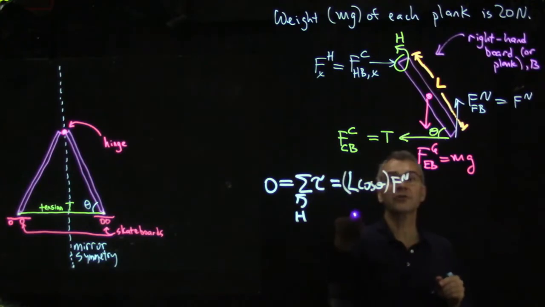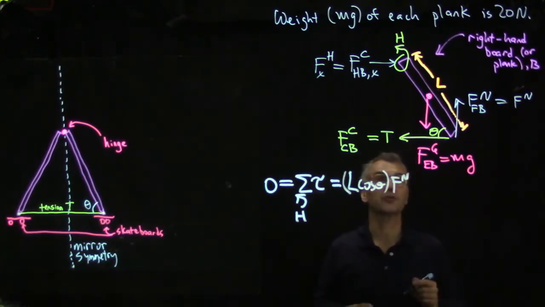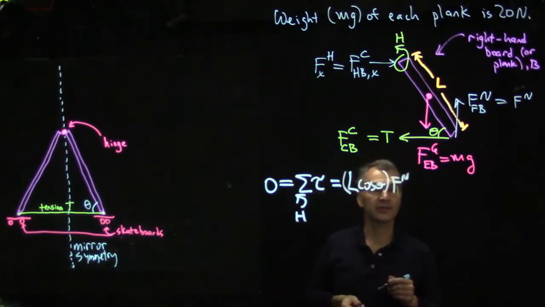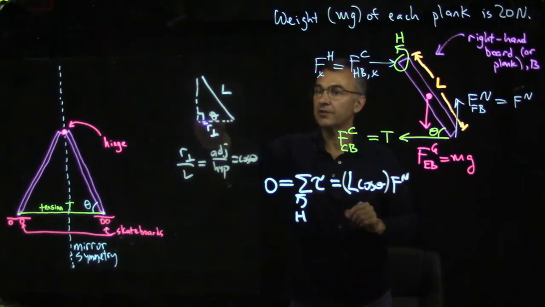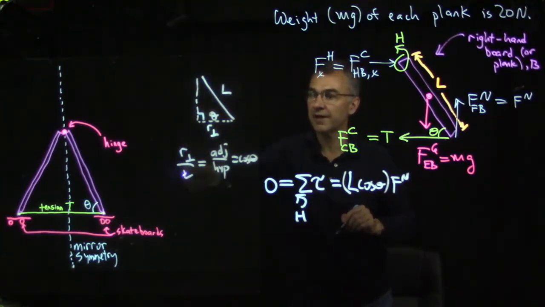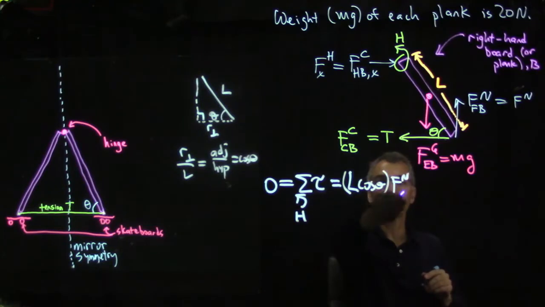So we have L cosine theta times the normal force. And we could draw the triangle just to argue that. It seems as if adjacent over hypotenuse. So adjacent over hypotenuse is this lever arm that we want divided by L, that's cosine theta. So the lever arm that we want is L times cosine theta. So first term, L cosine theta times normal force.